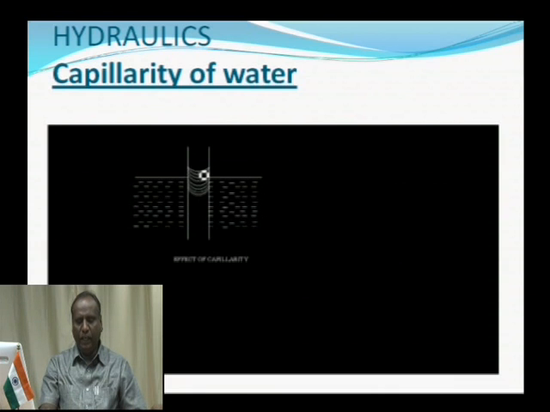But when the same tube is dipped in mercury, the mercury depresses down in the tube with a convex surface. The fall of liquid surface is known as capillary depression. It is always expressed in terms of millimeters or centimeters of liquid. Its value depends upon the specific weight of the liquid, diameter of the tube and surface tension of the liquid.